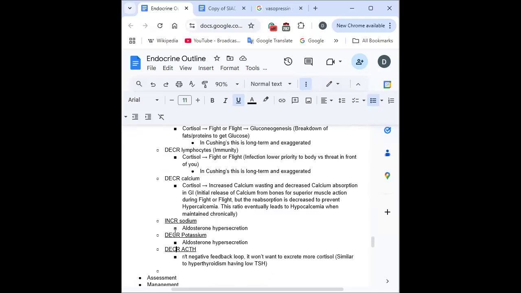Similar to hyperthyroidism, where you have so much thyroid hormone, your body stops making TSH to trigger it. Same kind of idea. Your ACTH is the signal to release these hormones. So if you have a lot of it, well, let's decrease the signal because clearly you don't need it.